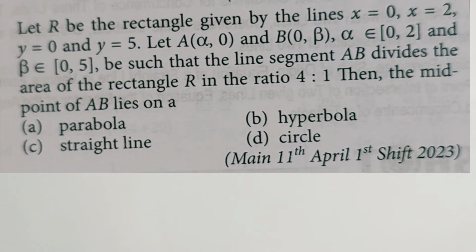And let A(alpha, 0) and B(0, beta), where alpha is in the range (0, 2) and beta is in the range (0, 5), be such that the line segment AB divides the area of the rectangle R in the ratio 4:1. The midpoint of AB lies on one of 4 options given. We have to find the correct alternative.